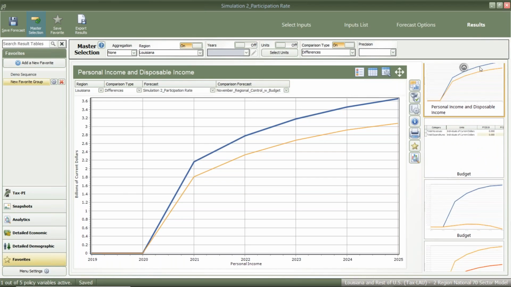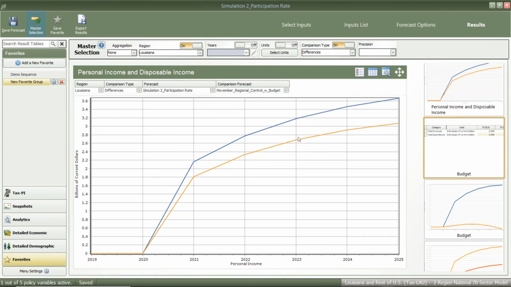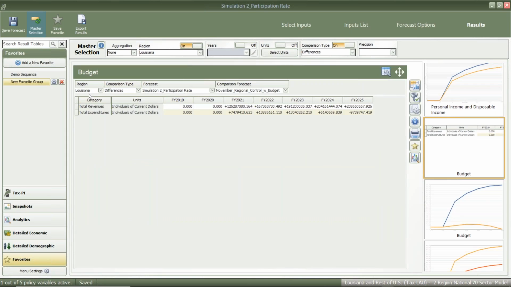So these two indicators show one side of the story, and the other side of the story is how the participation rate growth will impact the government budget. Let's take a look at the budget table here, where the region is Louisiana, and I would like to change the comparison type to percent change.